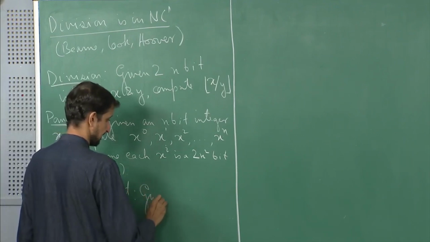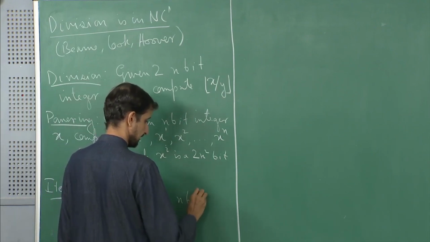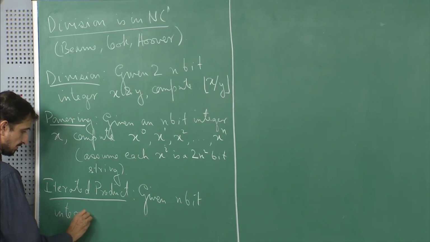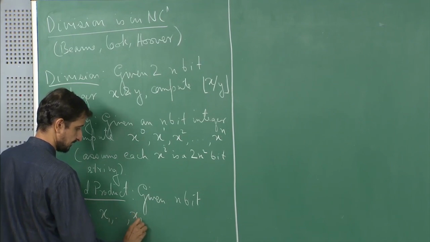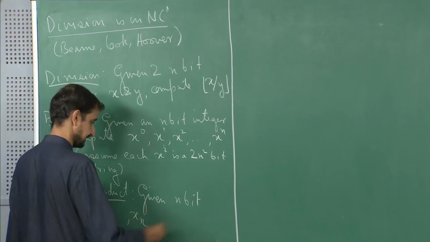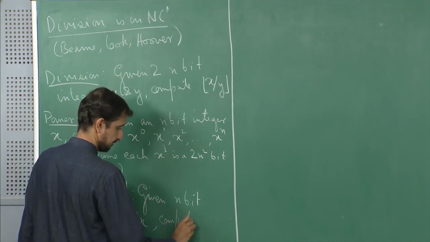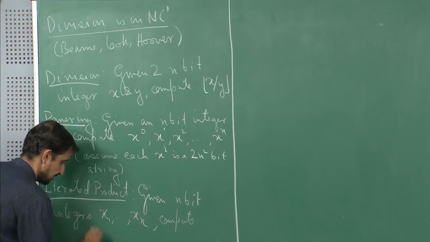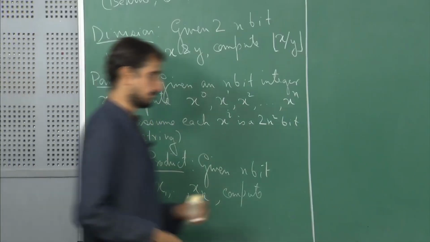So, this is: given n bit integers x1 to xn, let us say, we want to compute the product of all these numbers. Okay.